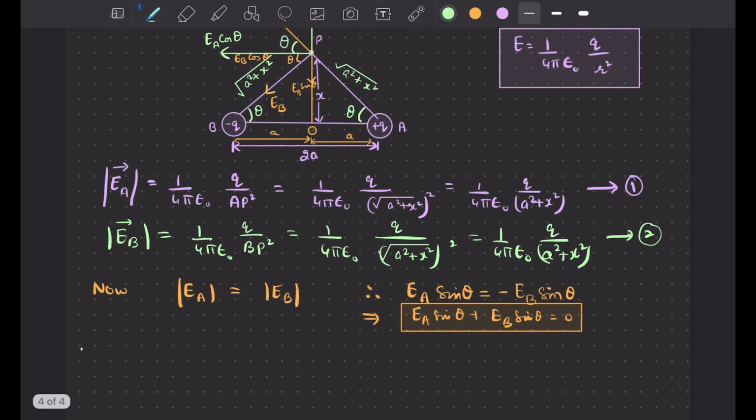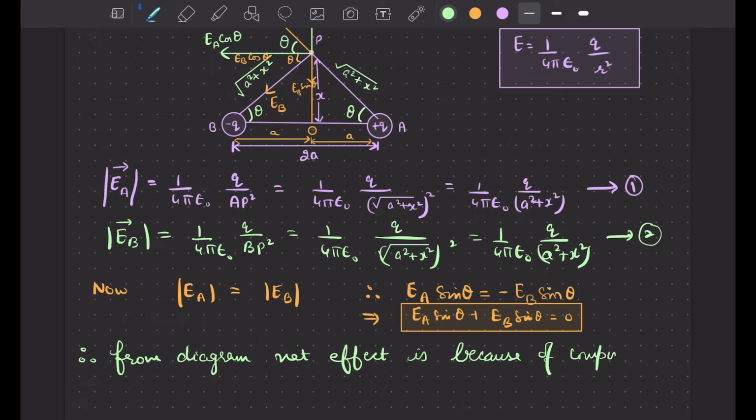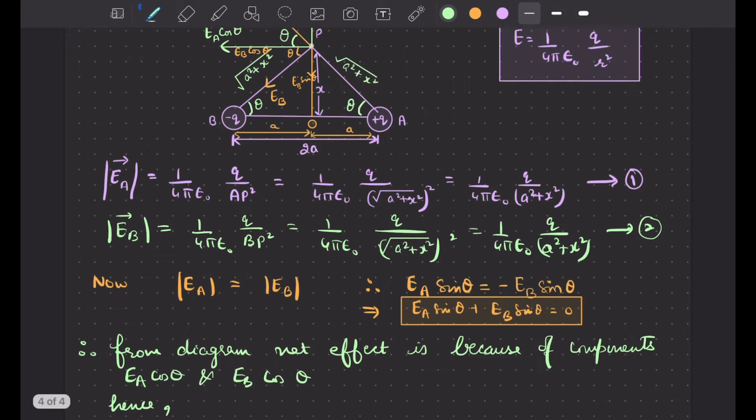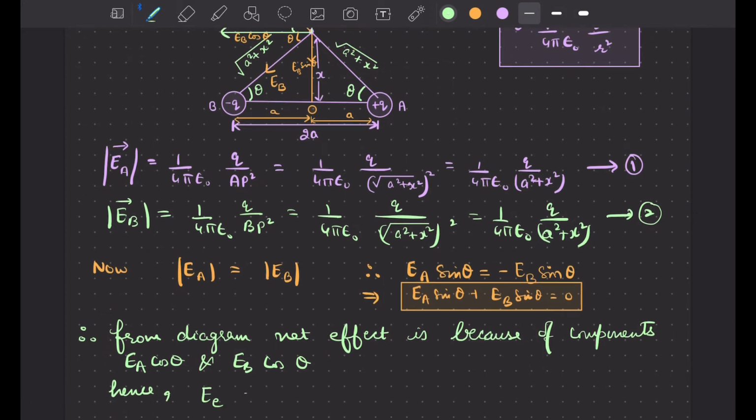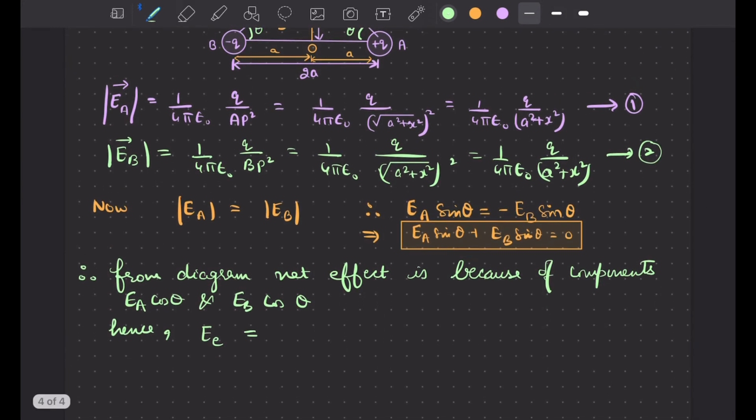Therefore, from the diagram you can directly write, the net effect is because of components EA cos theta and EB cos theta. Hence the electric field intensity on the equatorial line EE is equal to EA cos theta plus EB cos theta.